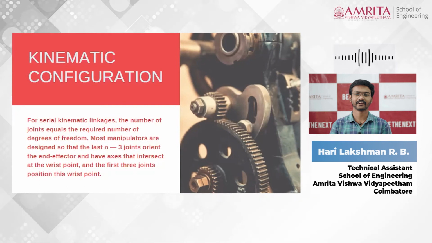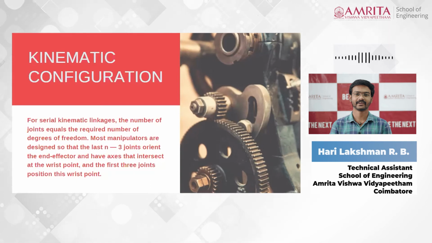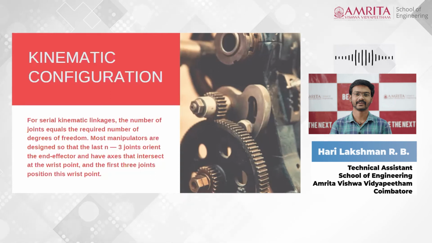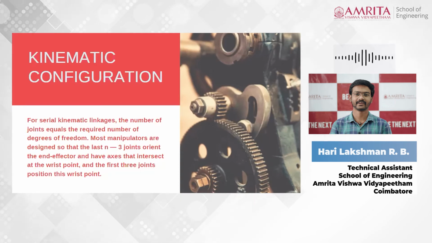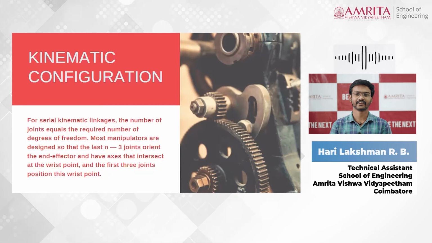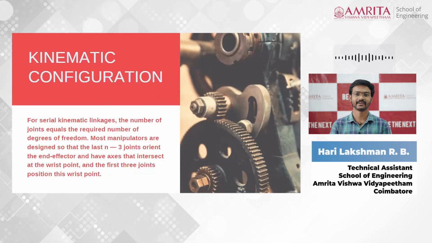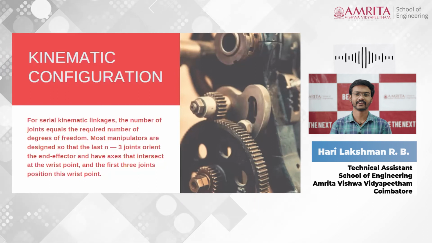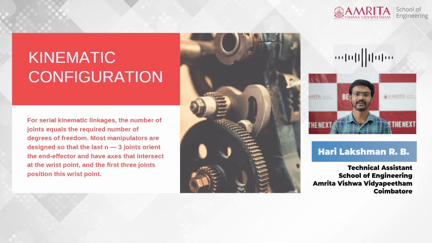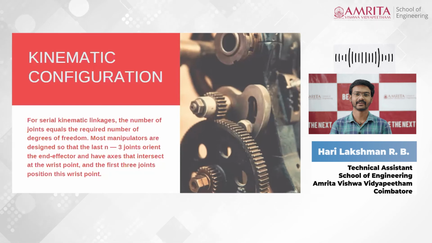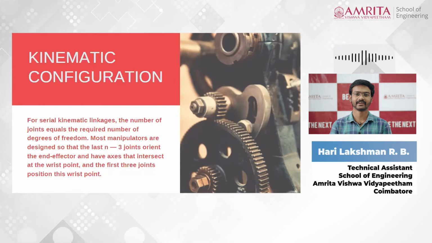Most manipulators are designed so that the last n minus 3 joints orient the end effector and have axes that intersect at a point, the wrist point. The first three joints position this wrist point, which is important. So manipulators with this design can be said to be composed of a positioning structure followed by an orientation structure, or a wrist.